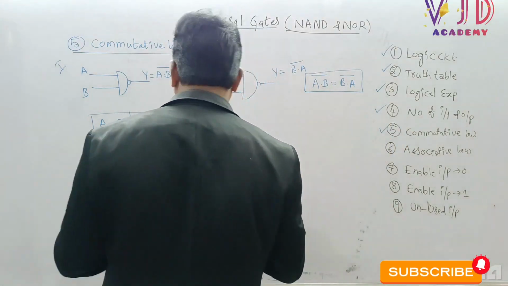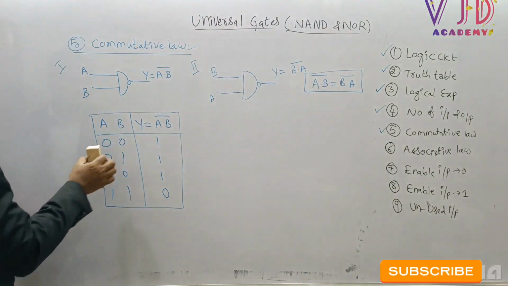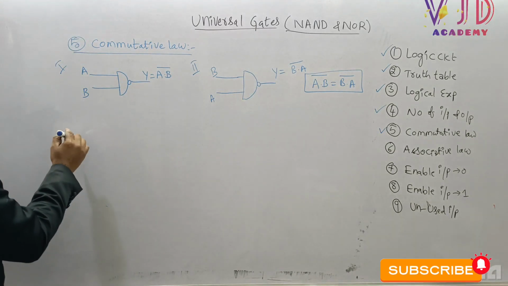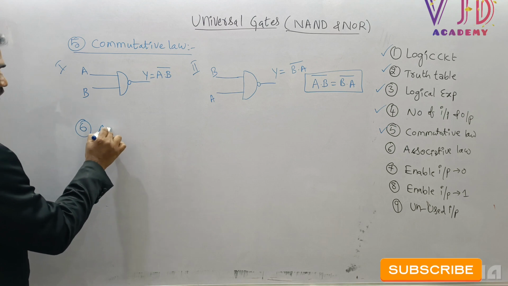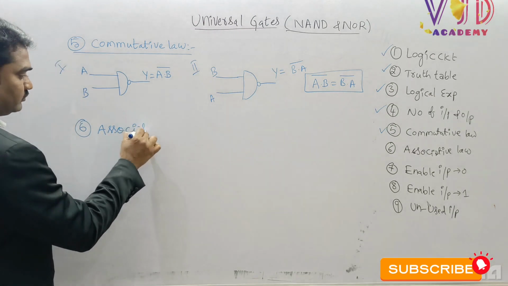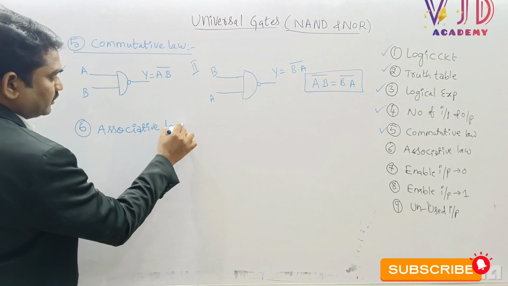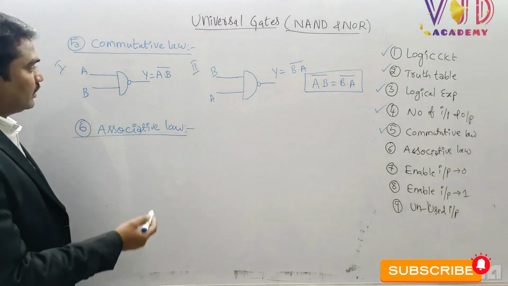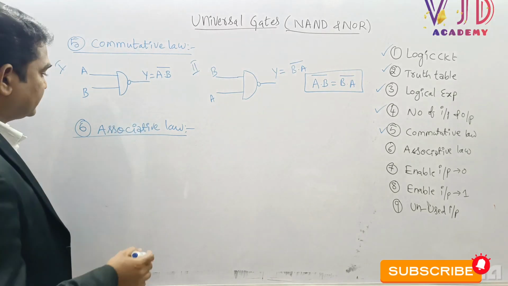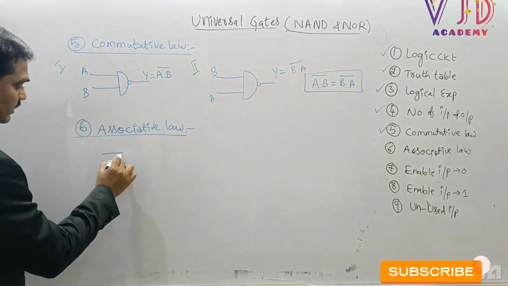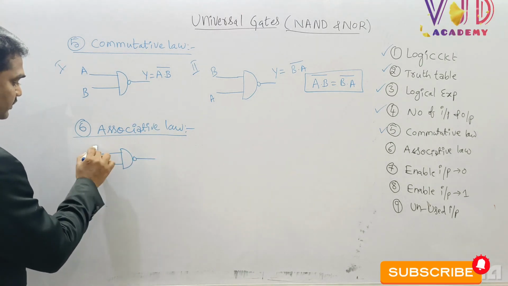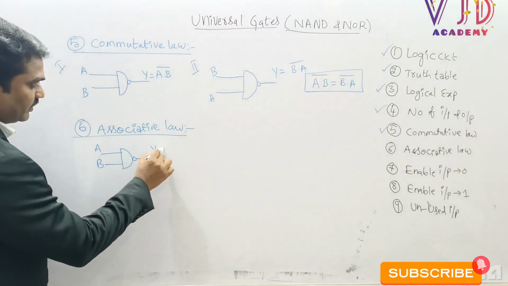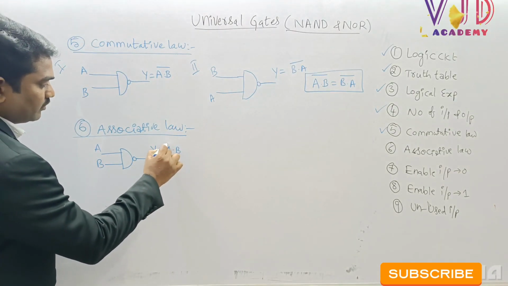Now let me take the sixth condition here. Sixth condition is associative law. Sir, the moment we add one more input to the NAND gate, which is having inputs A, B, the output is Y1, which is equal to A into B whole bar.